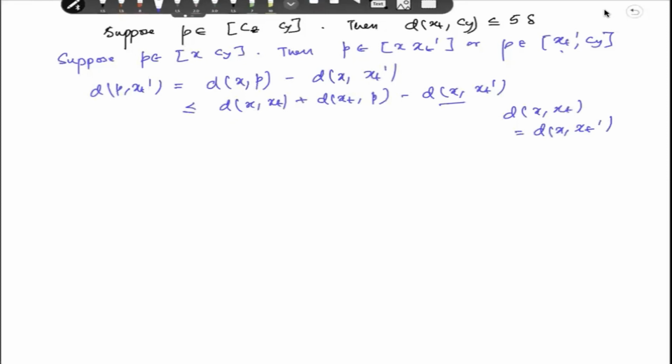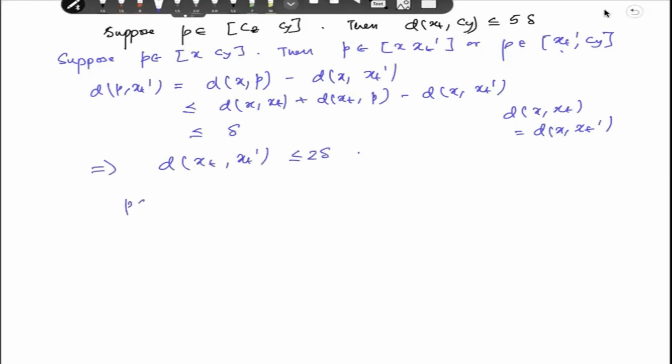So that will imply that the distance between P and xt' is less than or equal to delta. So by the triangle inequality, the distance between xt and xt' is less than or equal to 2 delta, and we are done.